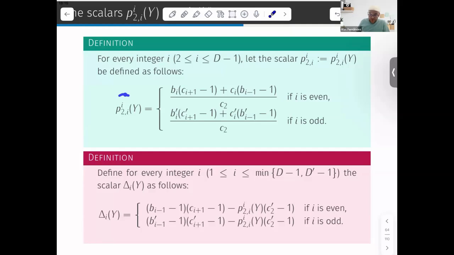Now, using this scalar, we will define another scalar, delta_i, using the intersection numbers of our graph. So delta_i is an equation using b_i's and c_i's for i odd, and for i even, b_i prime and c_i prime for odd integers i.